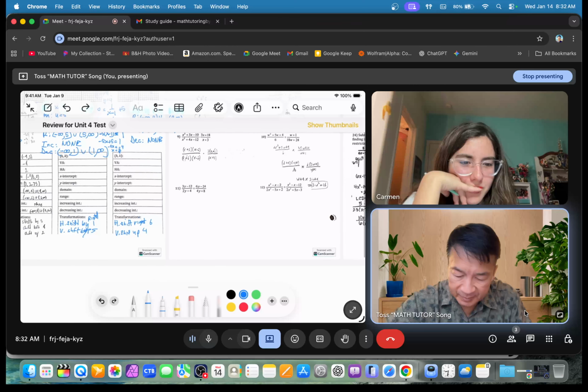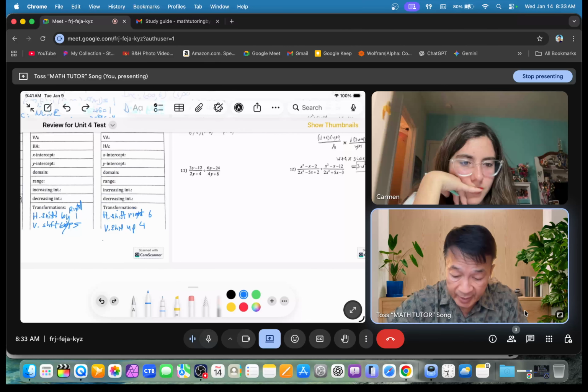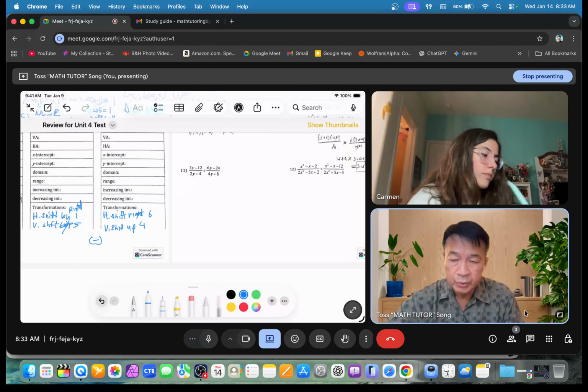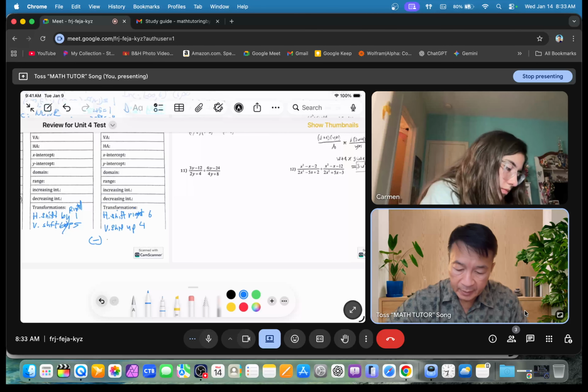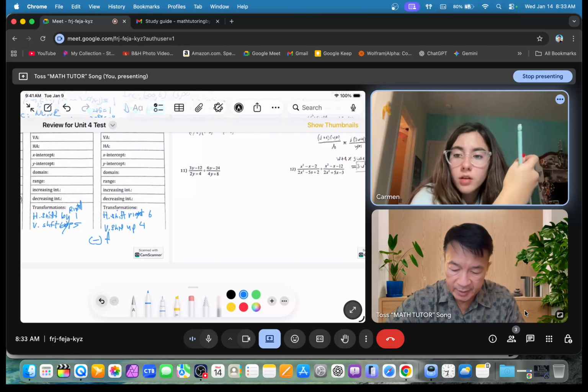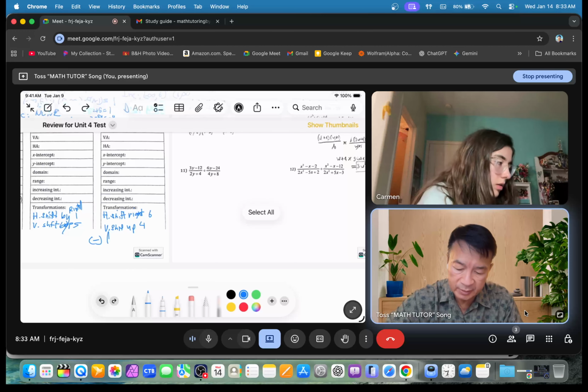So next I will do the negative. I'll even put a little label here, negative. The way you describe the negative is that you flip about the x-axis. Is it a reflection? Yes, reflection. Use what your teacher used.